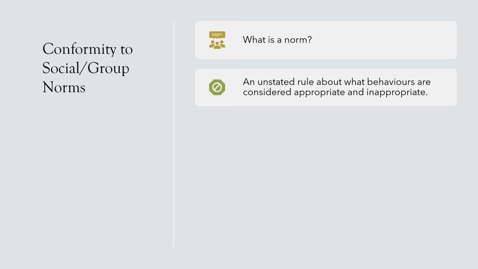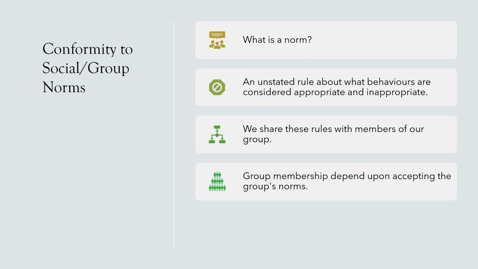So we kind of know what's appropriate to wear, how it's appropriate to behave in certain situations. Nobody's told us that. We've just learnt that by being part of that group or that society. We share these rules with members of our group, so everybody behaves in a similar way. Group membership depends upon accepting the group's norms. If we don't accept those group's norms, then we can be rejected by that group and we might have to find a different group.